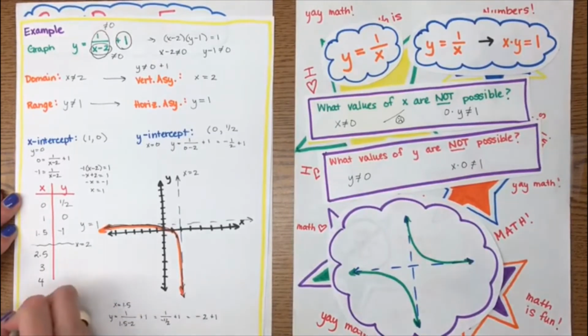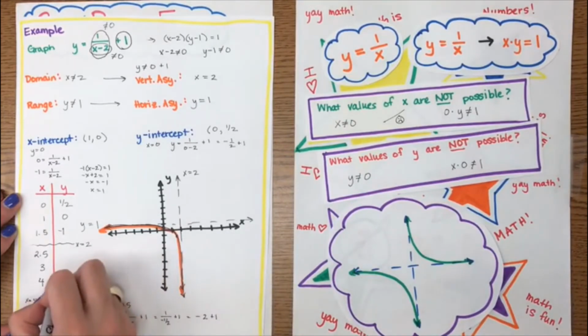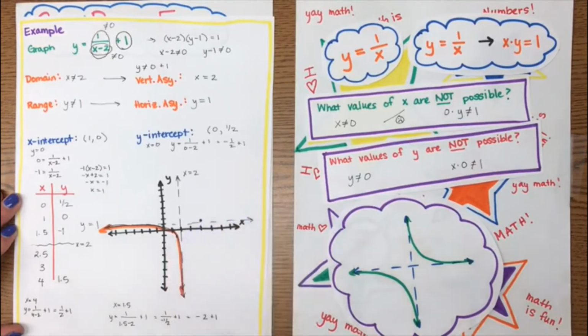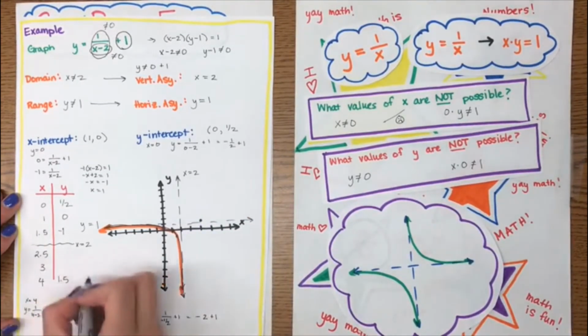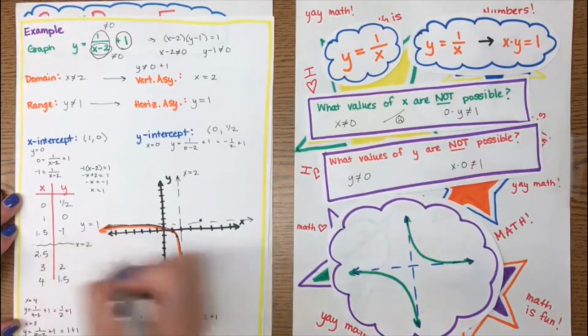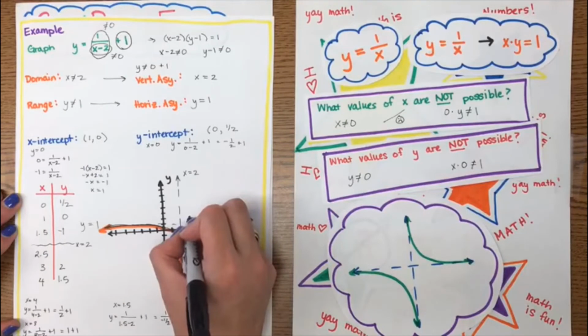If I plug in x is equal to 4, y is equal to 1 over 4 minus 2 plus 1, that's 1/2 plus 1, or 1.5. So 4, 1.5 will be about there. If I plug in x is equal to 3, y is equal to 1 over 3 minus 2 plus 1, that's 1 plus 1, or 2. 3, 2.